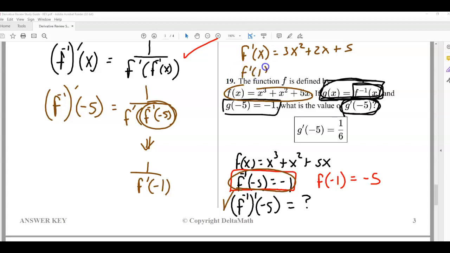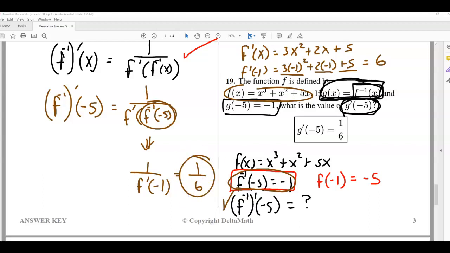And f prime of -1, I can find that by just plugging the numbers in. And I end up getting 3 minus 2 plus 5, which is 6. And so 1 over f prime of -1 is 1 over 6.